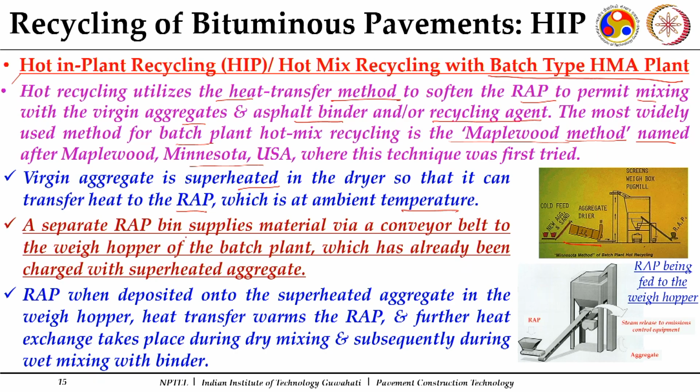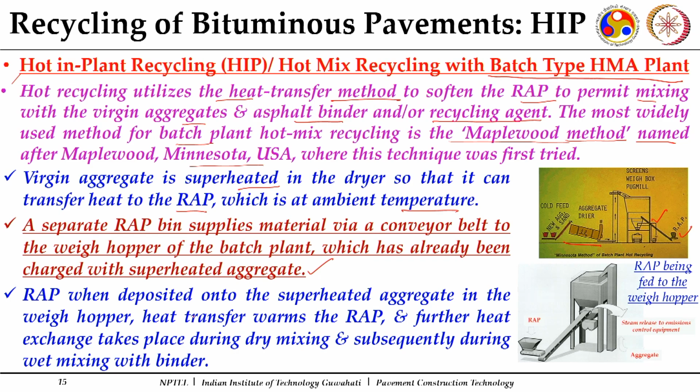A separate RAP bin, and this is a conveyor belt for it, supplies material via the conveyor belt to the weigh hopper of the batch plant, which has already been charged with superheated aggregates. This is an important aspect.